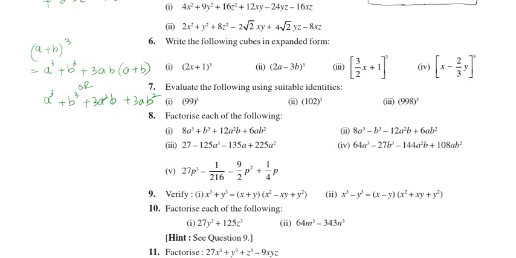And the second one is (a minus b) whole cube.